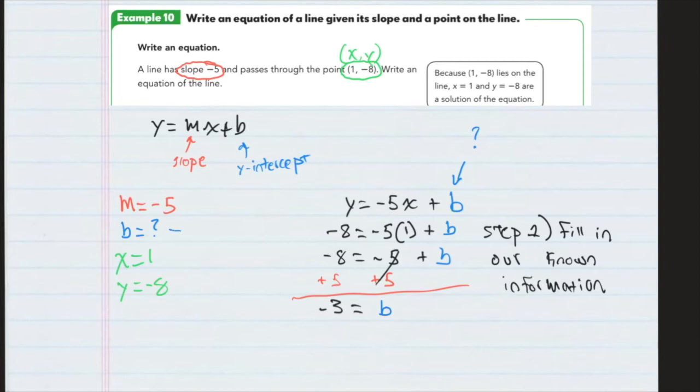So I know that b is -3, which means that my equation of the line that passes through that point with that slope is going to be y equals, and we're going to use the m, so -5x plus, and then b, so -3. And I want that slope-intercept form, so I want to get rid of the plus and negative, so it's just y equals -5x minus 3.